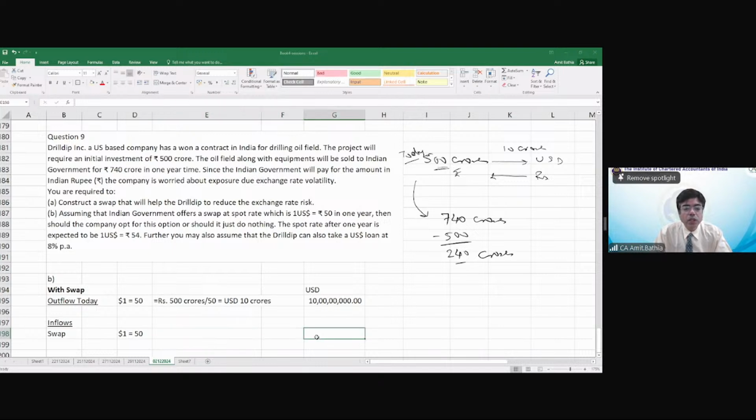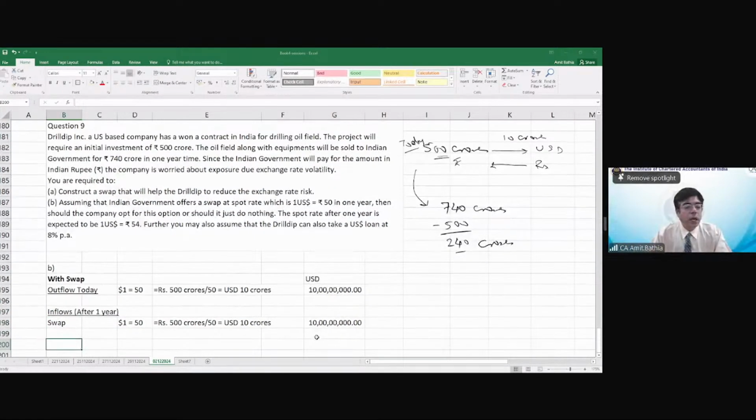So I am going to receive back the same amount. Do you agree with me? It is basically going to be the same thing. I will receive the entire amount again as inflow. When will the inflows happen? After 1 year. Are you all with me?